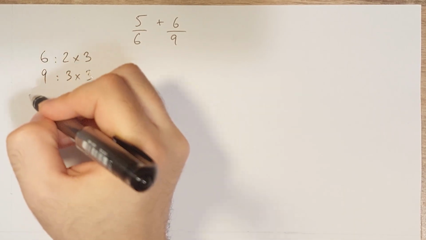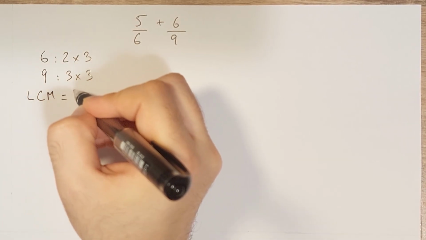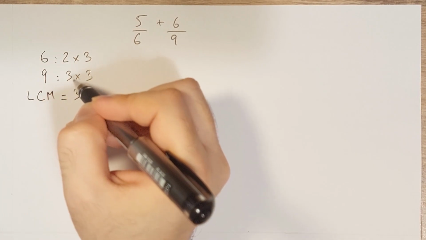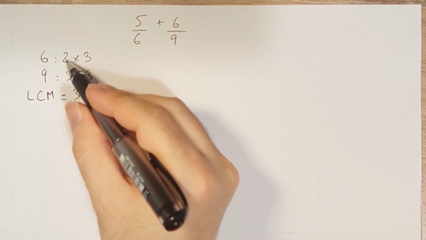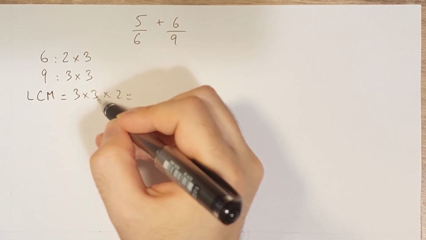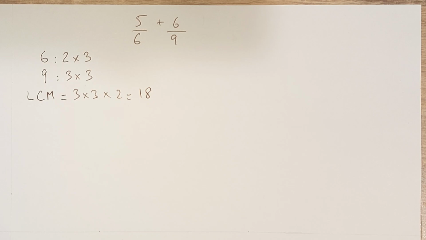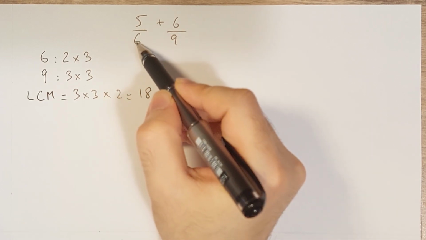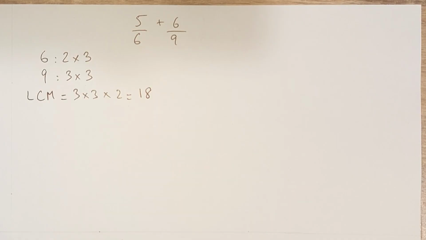So the LCM is 3 times 3, since 3 occurs twice in 9, times 2, which occurs once in 6. So 3 times 3 is 9. 9 times 2 is 18. So now we have to convert the denominators in both the fractions to this LCM 18. Then we can simply add the numerators.